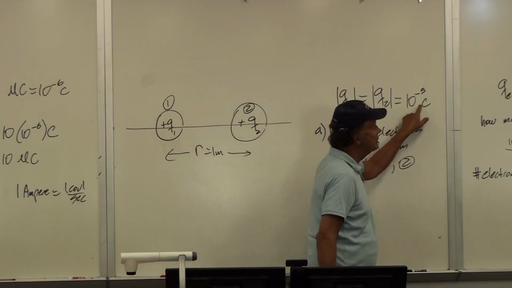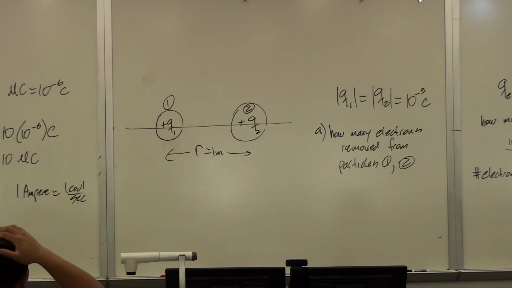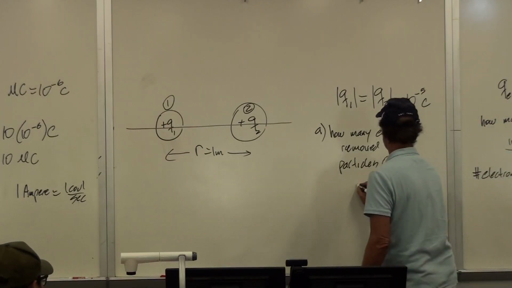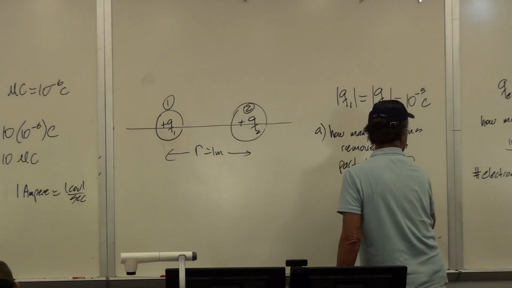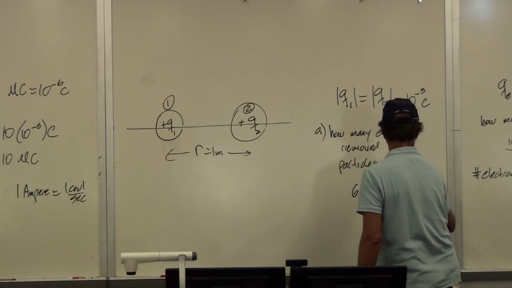If 1 coulomb is this many electrons, then what's 10 to the minus 5 coulombs? Isn't that what we're talking about? Just dividing that by 10 to the 5, 100,000? So that means the number of electrons here would be 6.3 times 10 to the 13th power electrons.